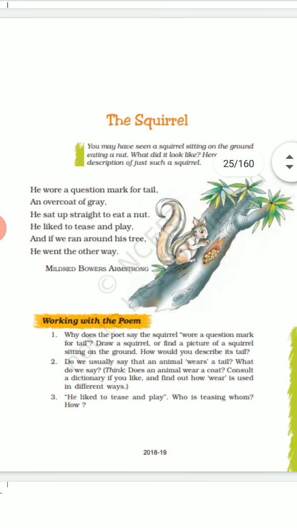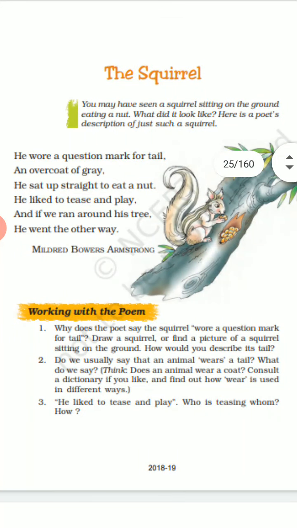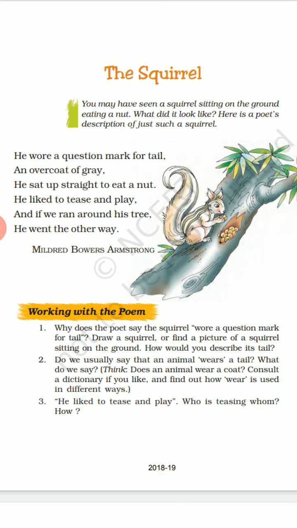So the poet says that the squirrel has an overcoat of gray, which means its body is gray in color, and so it is as if the squirrel is wearing a gray overcoat.